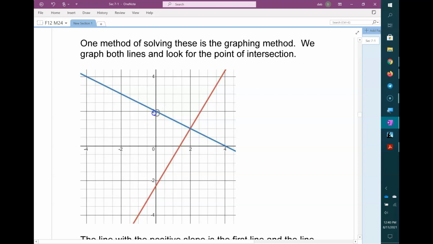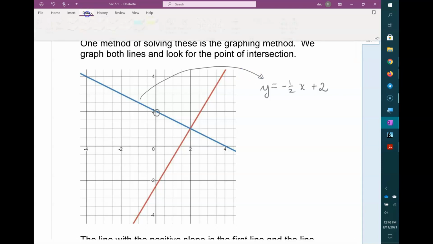So let's see, the blue one has a y-intercept of 2. So we know we're going to have plus 2, and the slope is down 1 over 2. So negative 1/2 x plus 2, that's the blue line's equation.